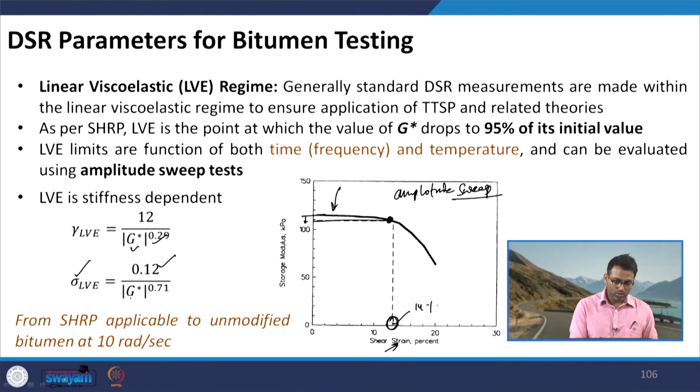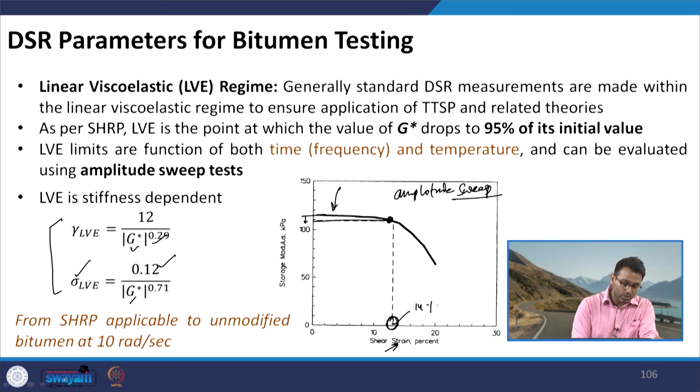Here again G star is in terms of pascals, and sigma is also in terms of pascals. One more important point here is that these equations were developed corresponding to a frequency of 10 radians per second. This is fixed here because most of the testing under the PG grading is performed at a fixed frequency of 10 radians per second.